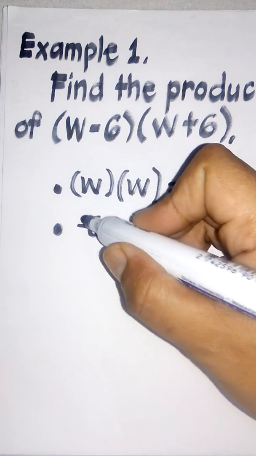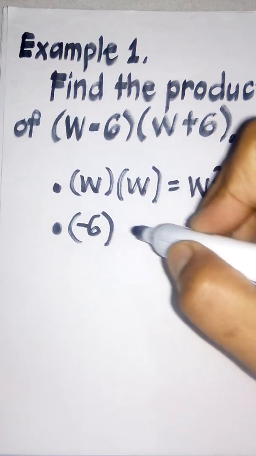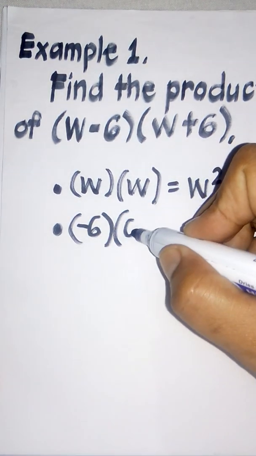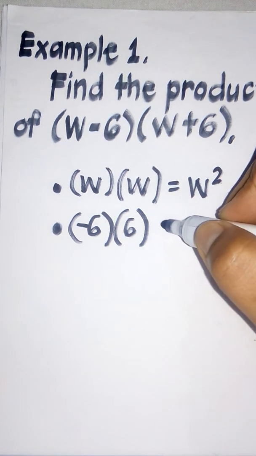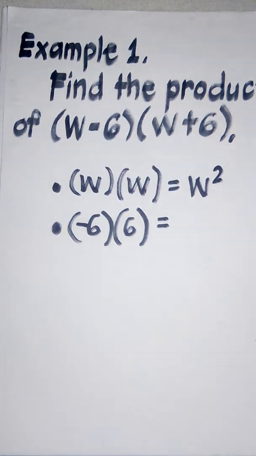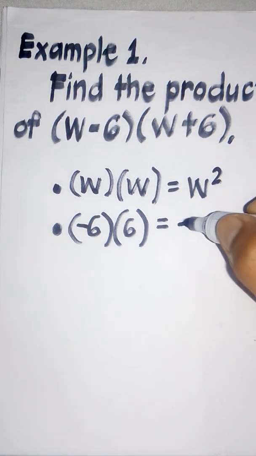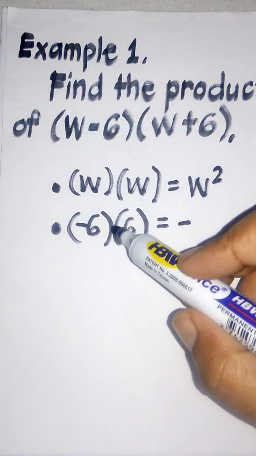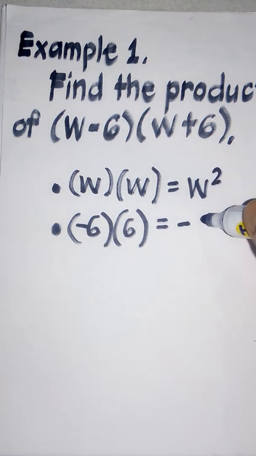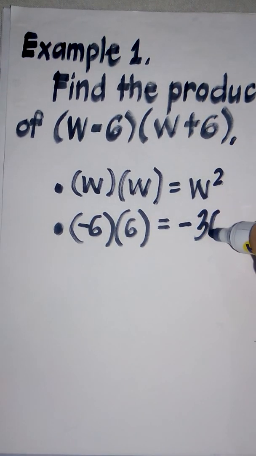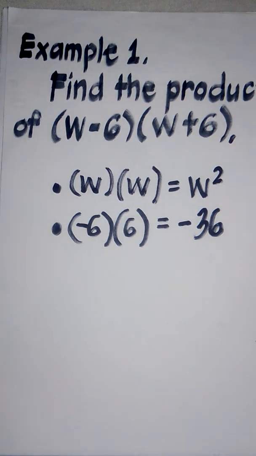Let's just multiply them. Remember also that when we are multiplying numbers with different signs, the answer is always a negative number. So 6 times 6 is equal to 36, and the answer is negative 36.